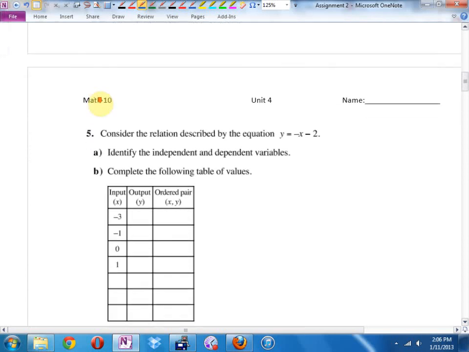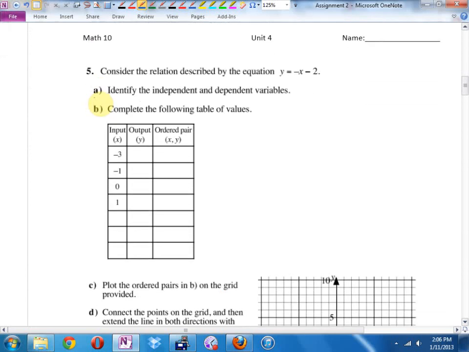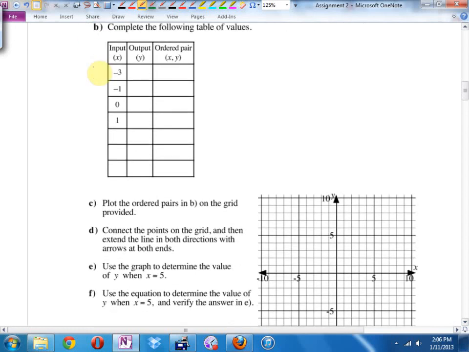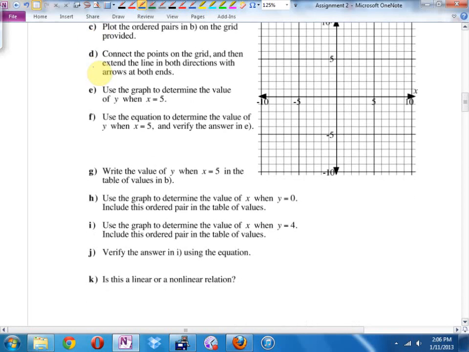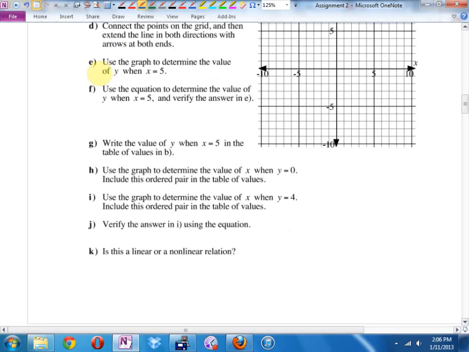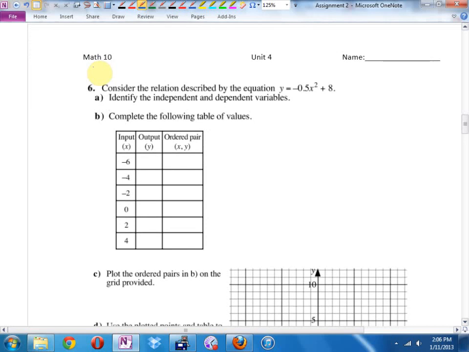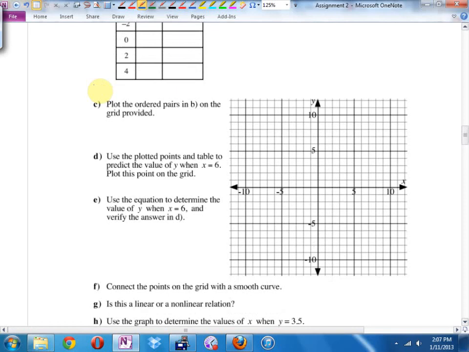Skip 4. 5, A is good, B is good, C is good, D is good. Yeah, I think all of, yep, 5 is good. Ooh, 6, a nonlinear. Cool. Yeah.